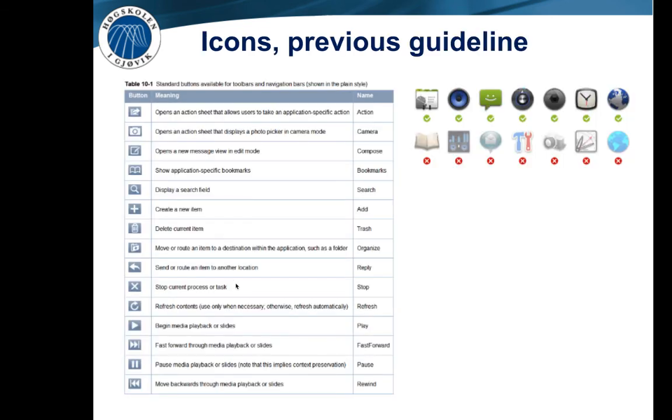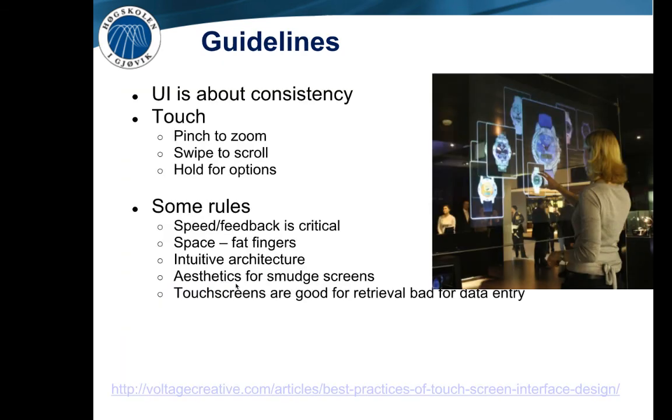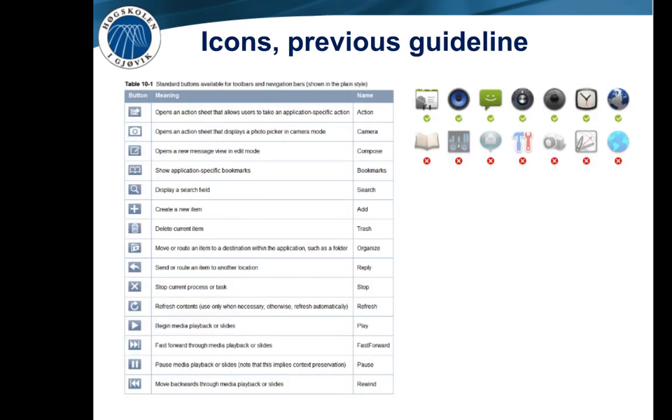So let's talk about the guidelines. Different platforms have their own guidelines, and those guidelines change. For example, on the new Android, you will not see any of those icons, right?